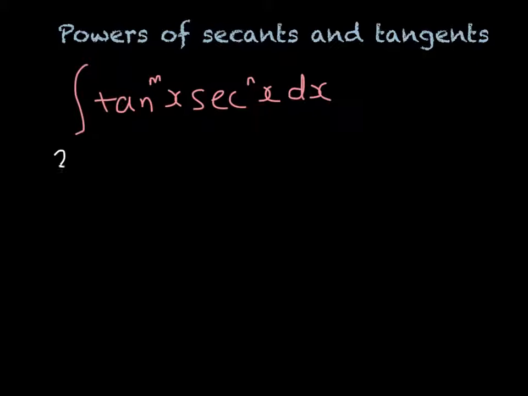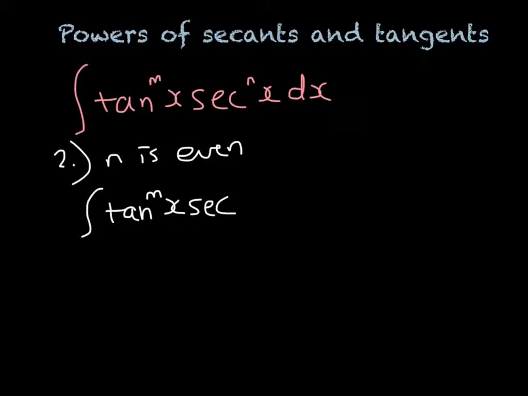Similarly, if n is even, then what we can do is pull out 2 of the secants this time. That would leave us with tangent to the power of mx, secant to the power of n minus 2 x, secant squared x dx.